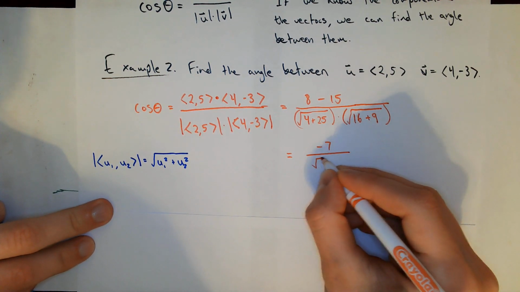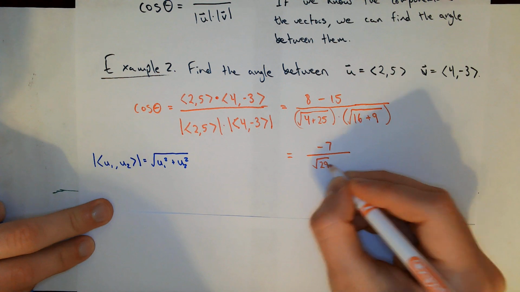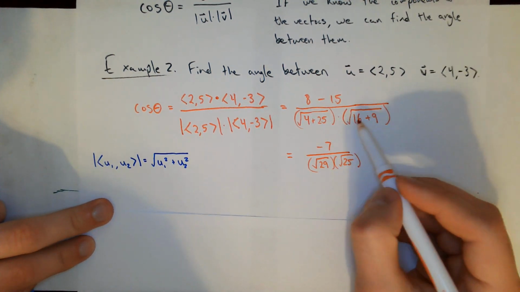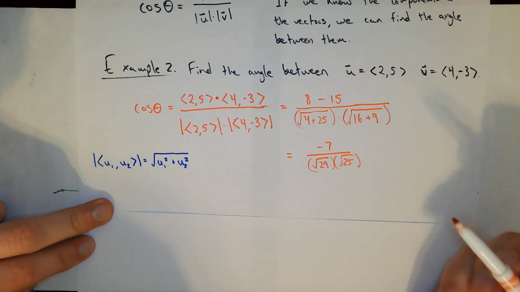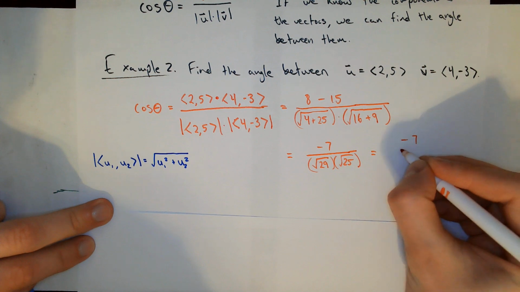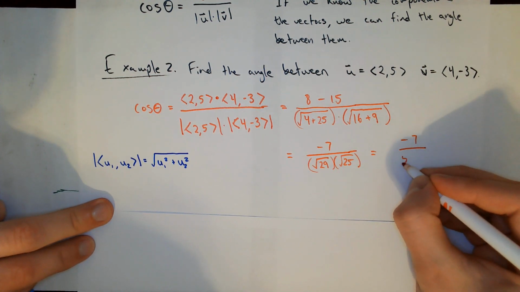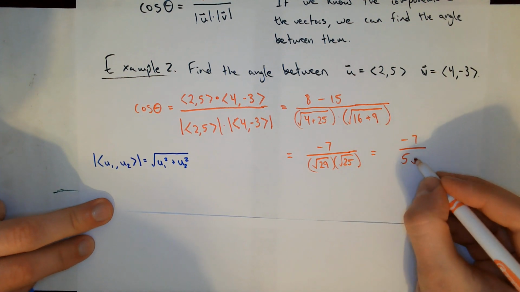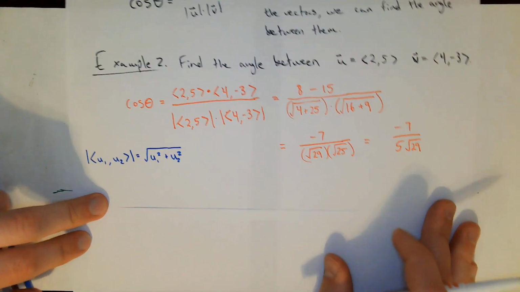In the bottom, I'm going to have the square root of 29, and then times the square root of 25, just adding 4 plus 25, and then 16 plus 9. Okay, and then I'm going to have -7 on top, and then the square root of 25 is 5, which I'll write on the left side now since it turned into a whole number, and then the square root of 29.